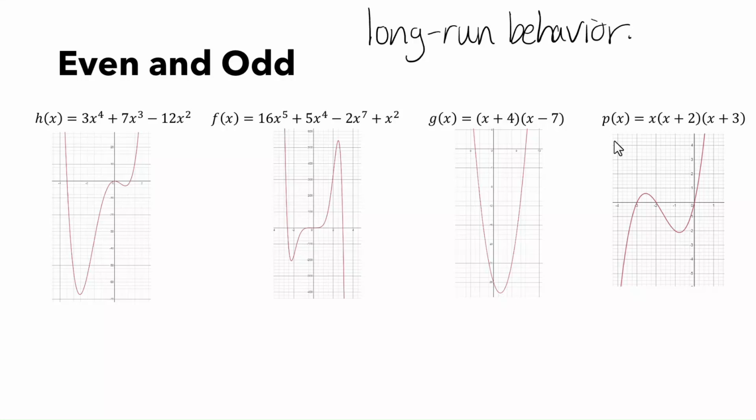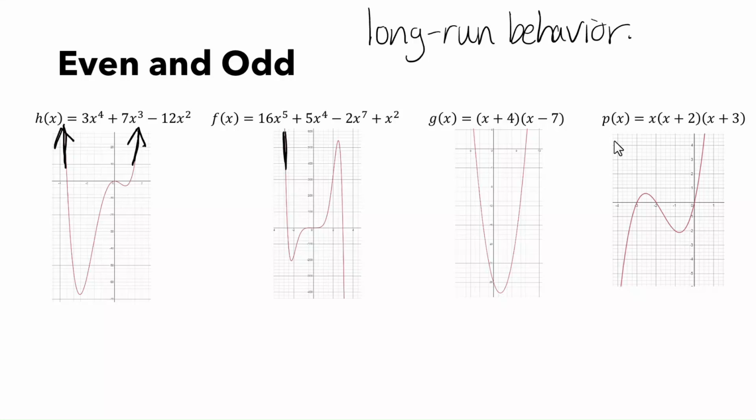For example, h of x is an even function. The ends are here. This is what we're talking about with the ends of the graph. In this case, they're both going in the same direction. F of x is a degree 5, so it's an odd function.